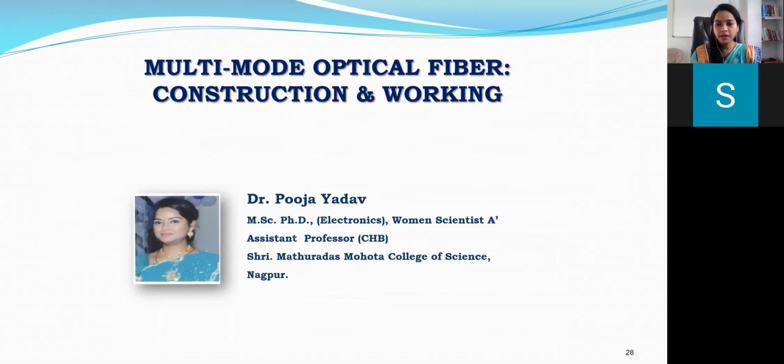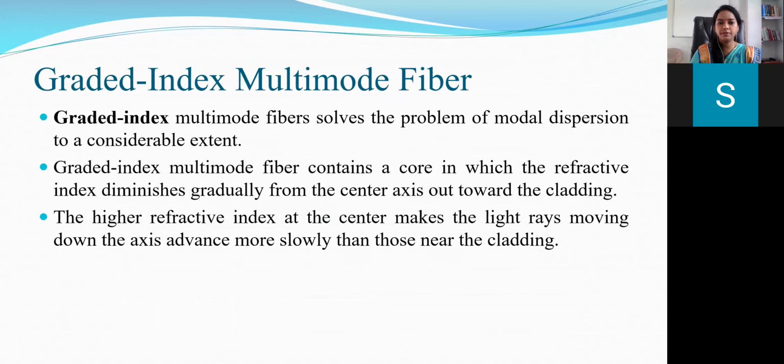Today we had multi-mode optical fiber construction and working. Here we started with what is graded index multi-mode fiber. You know what single mode fiber is, and we were talking about multi-mode fiber. In that we have two types, step index and graded index. What is the difference between step index and graded index?